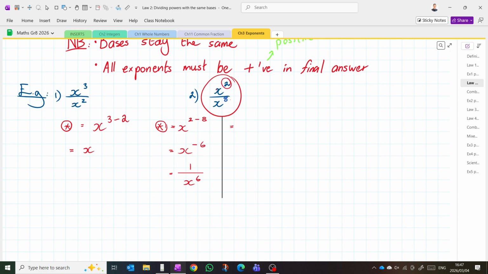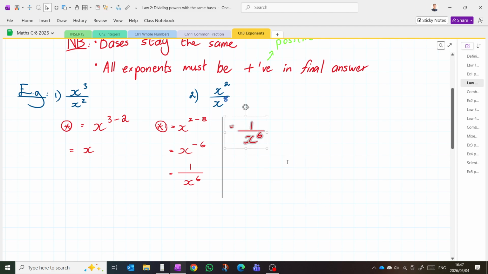So there's the smaller one, there's the larger one. 8 minus 2 gives me x to the power 6. But my larger exponent was in the denominator, so I'm going to put my answer in the denominator. And if there's nothing left at the top, there will always be a 1. It can't be 0, because 0 divided by anything will just be equal to 0. So there has to be a 1.